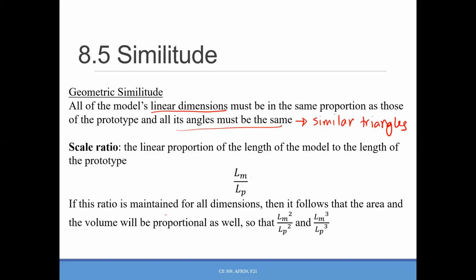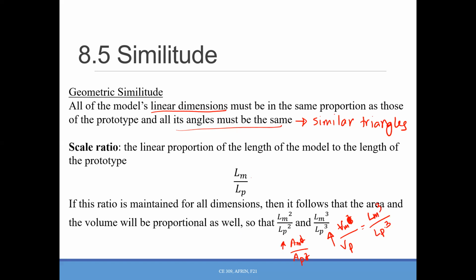And if the ratio is maintained for all dimensions, like length, width, height, then it follows that the area and the volume will be proportional as well. The area ratio is the length ratio squared, and for volume, which is three-dimensional, it's the length ratio cubed.